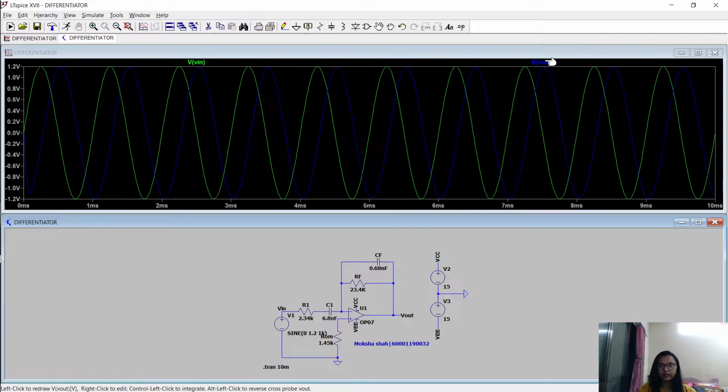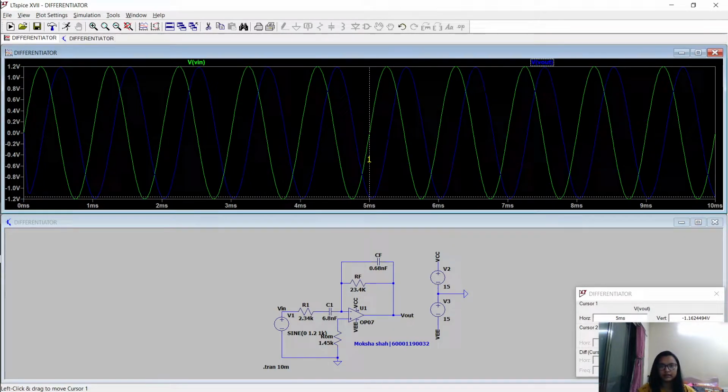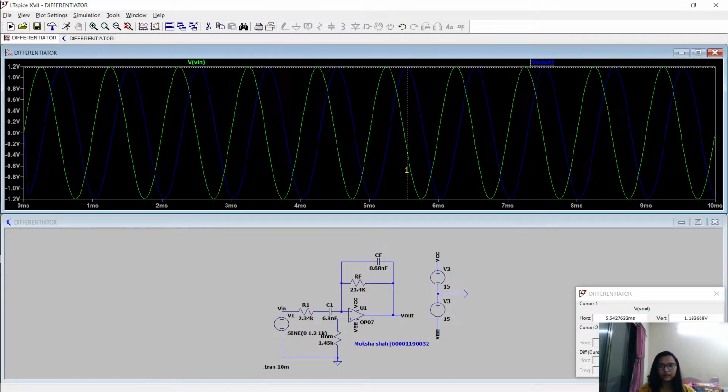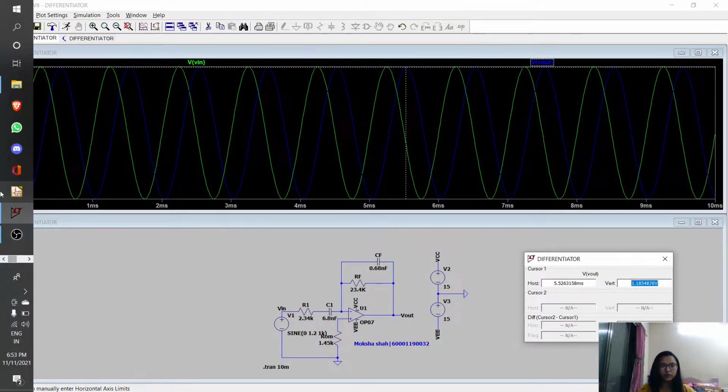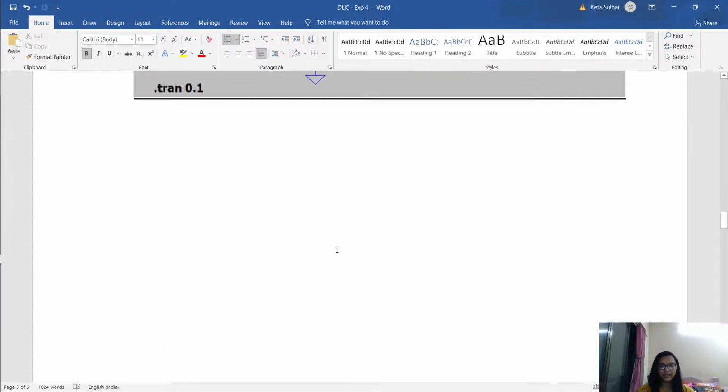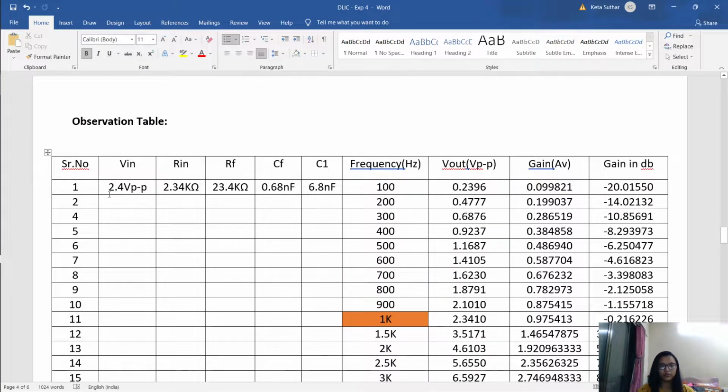If I left click on Vout, I'll drag it to the peak value to get the Vout voltage. So this is 1.185 volts. To get the peak to peak voltage, we just multiply it by 2. Same thing I've done over here. The Vin is 1.2 volts, and for peak to peak multiply by 2. I'm getting the Vout value as 2.3.